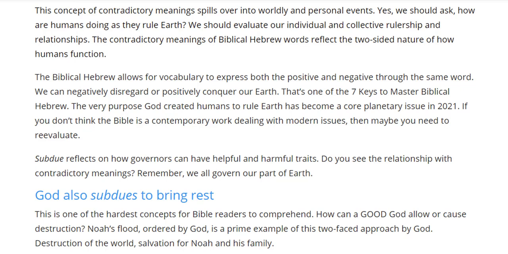The contradictory meanings of biblical Hebrew words reflect the two-sided nature of how humans function. The biblical Hebrew allows for vocabulary to express both the positive and negative through the same word. We can negatively disregard or positively conquer our earth. That's one of the 7 keys to master biblical Hebrew.